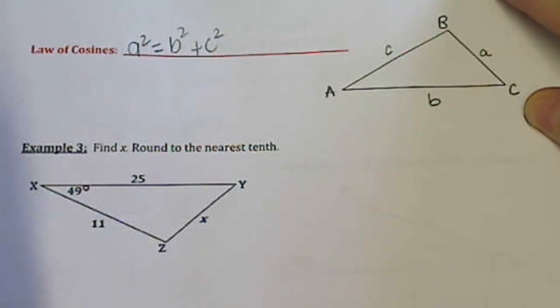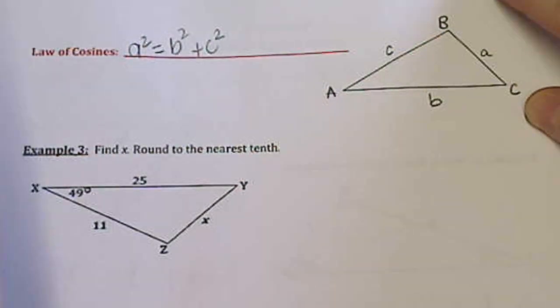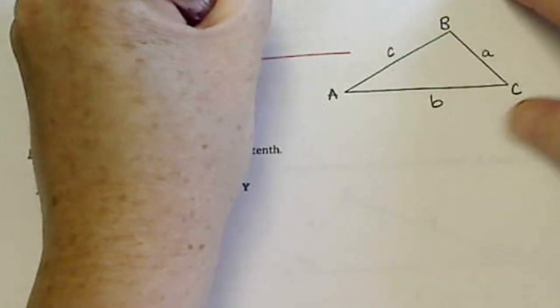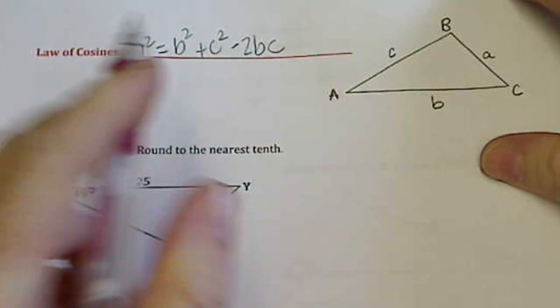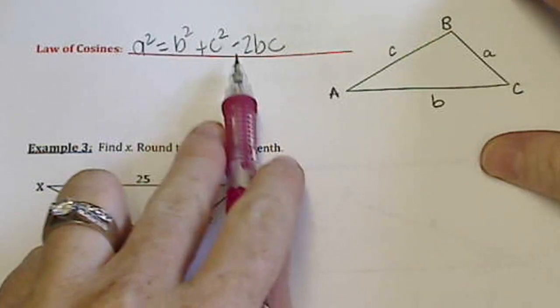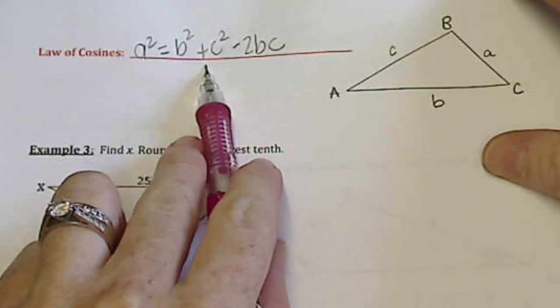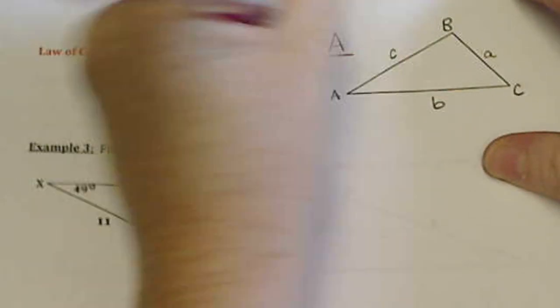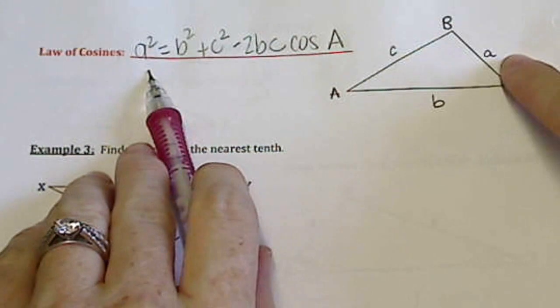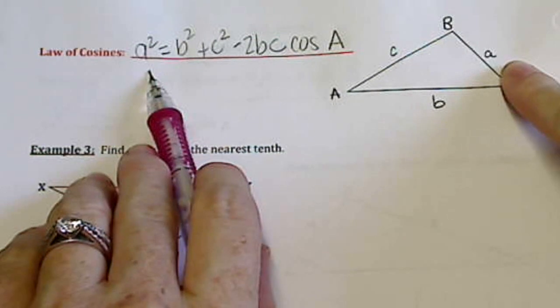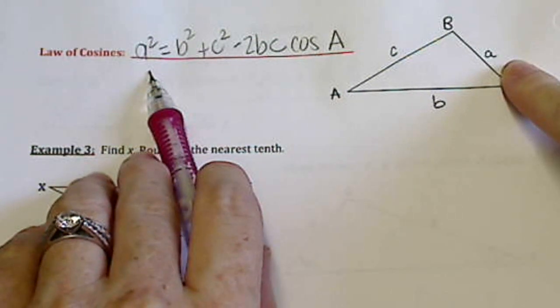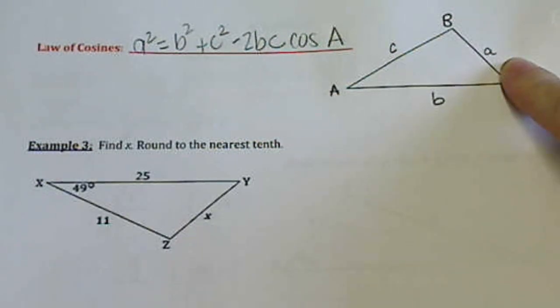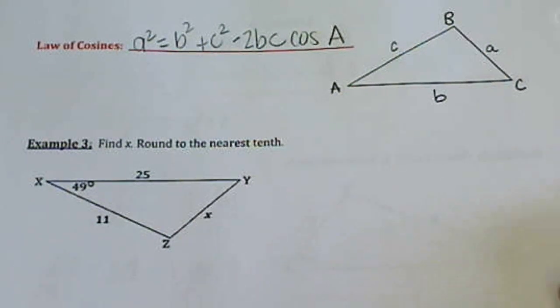Yes, I know that sounds like the Pythagorean theorem, but we're not done. Minus 2bc, notice the b and the c are over on this side of the equal sign, times the cosine of A, so the angle opposite the side. Okay, let's look at what that means.